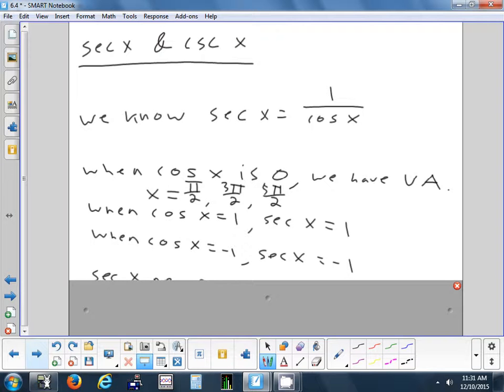Does anybody see some values that secant can never hit? It'll never hit 0, yeah. So it's never going to cross the x-axis. Well, cosine is always a number between what?